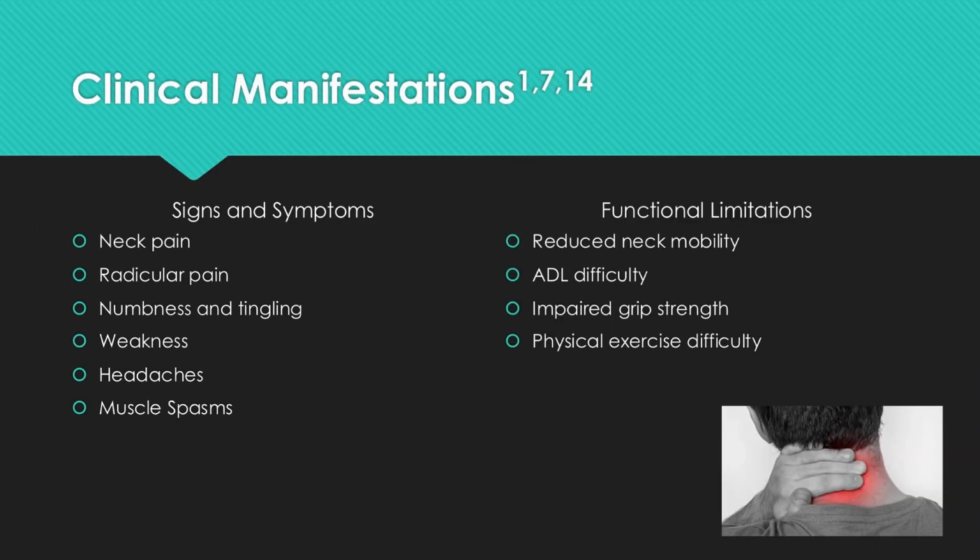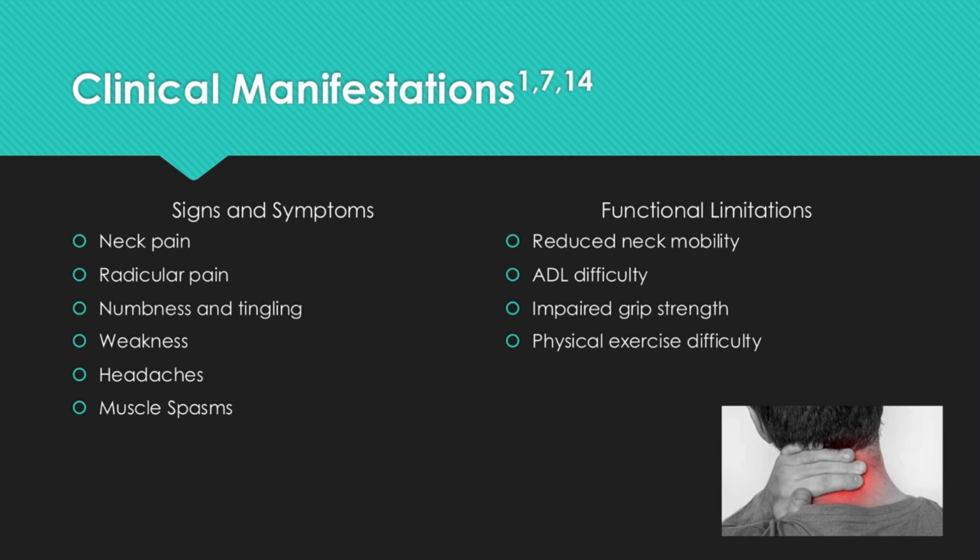So, some signs and symptoms. We have neck pain, obviously, which can be caused by a degenerating or herniated disc that causes inflammation or irritation, which leads to pain. We have radicular pain caused by a herniated disc. They can press on nearby nerve roots, which causes pain that radiates from the neck into the shoulders, even into the hands.